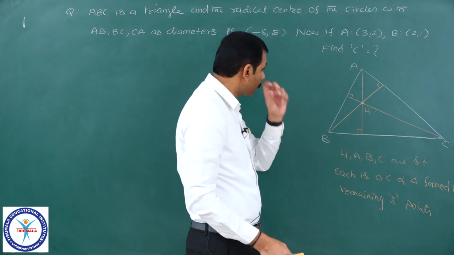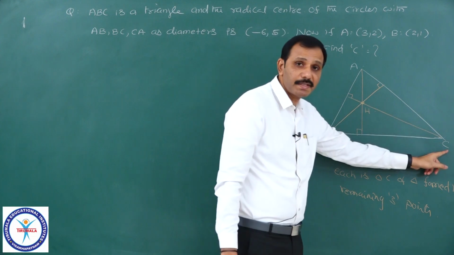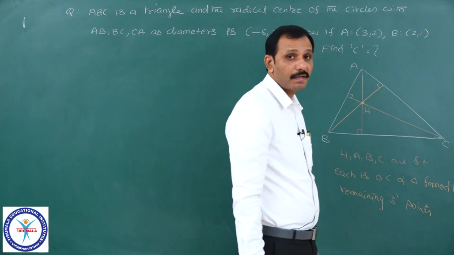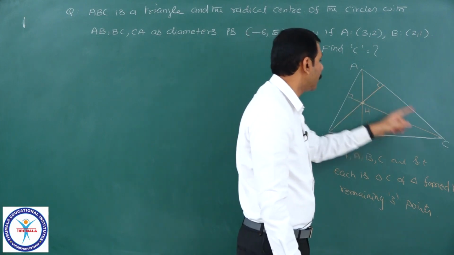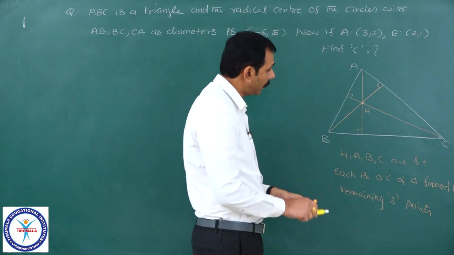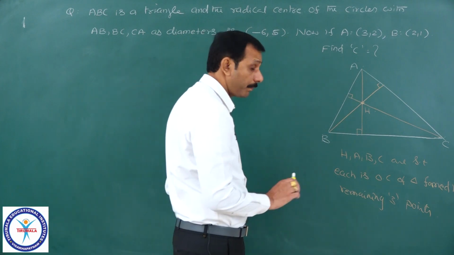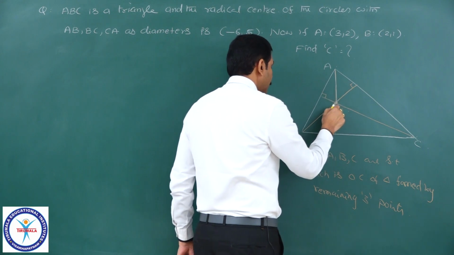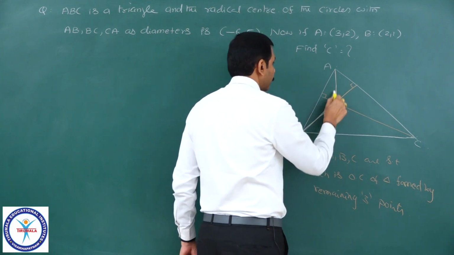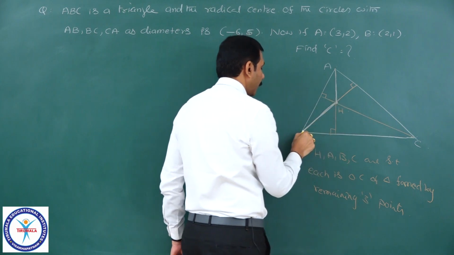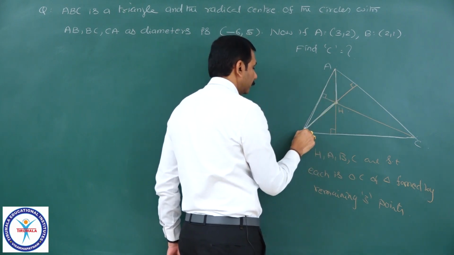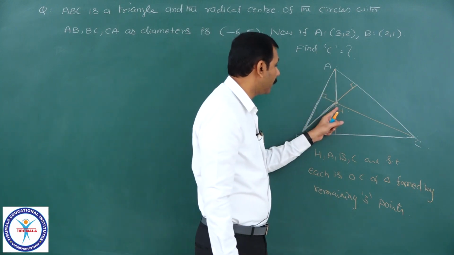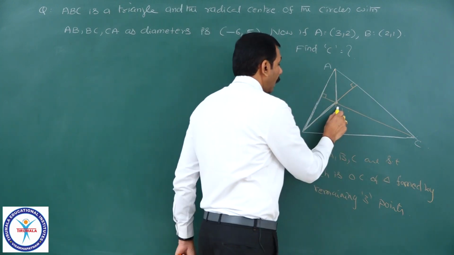Means if I want the orthocenter of triangle HAB, it will become C. And if I want the orthocenter of triangle HBC, it will become A. If I want the orthocenter of triangle HAC, it will become B. How is that? You see, suppose I take my triangle as AHB. Now if I want the orthocenter of this triangle ABH, that will be C. How is this? You see.